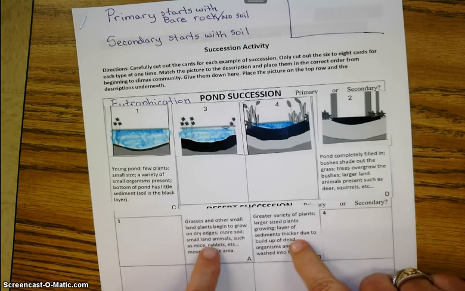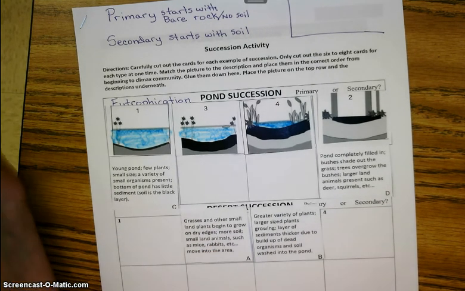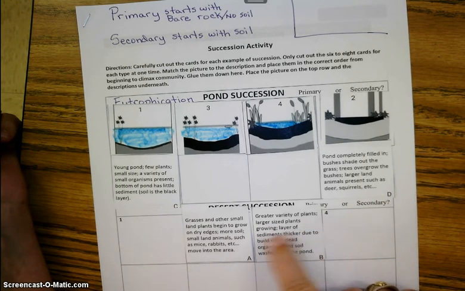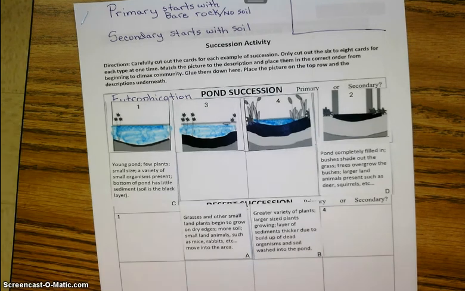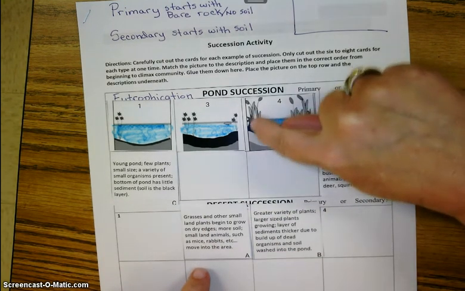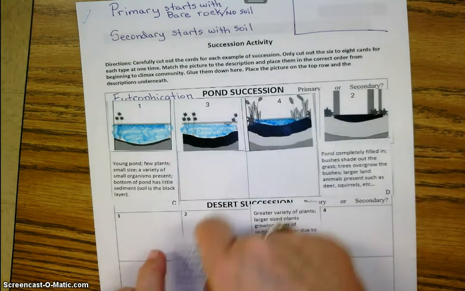These are kind of confusing, so I'm going to read them both. Grasses and other small land plants begin to grow on the dry edges. There's more soil. Small land animals such as mice, rabbits, etc. are starting to move into the area. Or greater variety of plants, large-sized plants are growing. A layer of sediment is thicker due to the buildup of dead organisms, and soil has washed into the pond. And so the only one that shows the dried edges is this one.